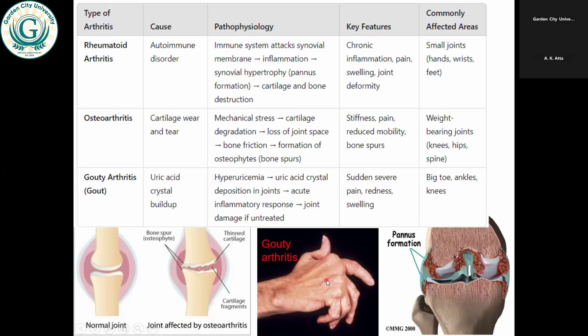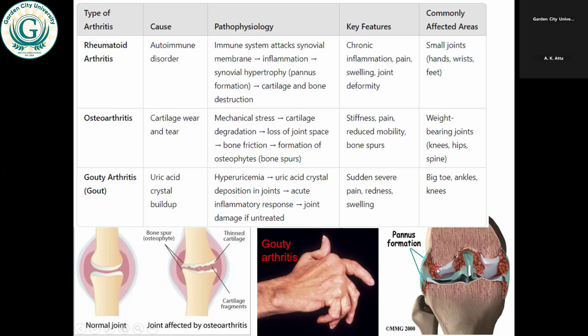In gouty arthritis, you have too much uric acid crystal buildup. It normally affects the big toe. So what you are seeing here are deposits of uric acid crystals. It normally affects the big toes, the ankles, and the knees.